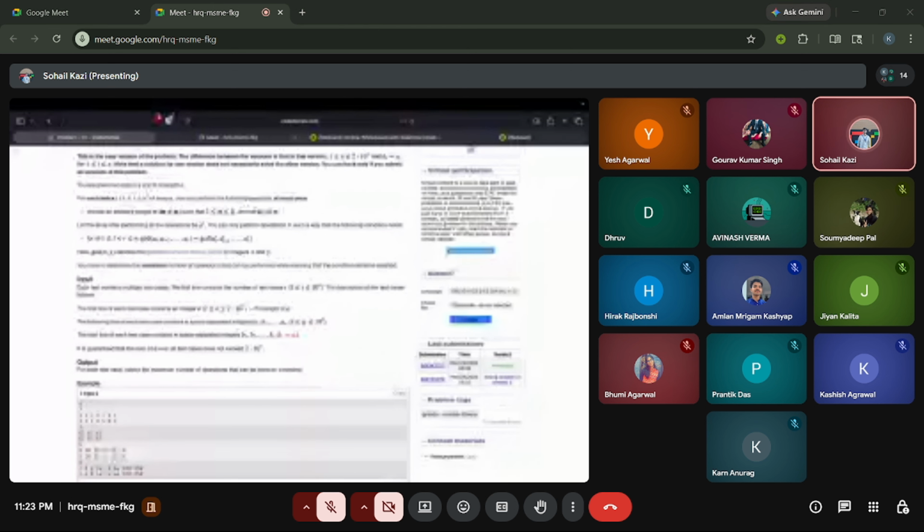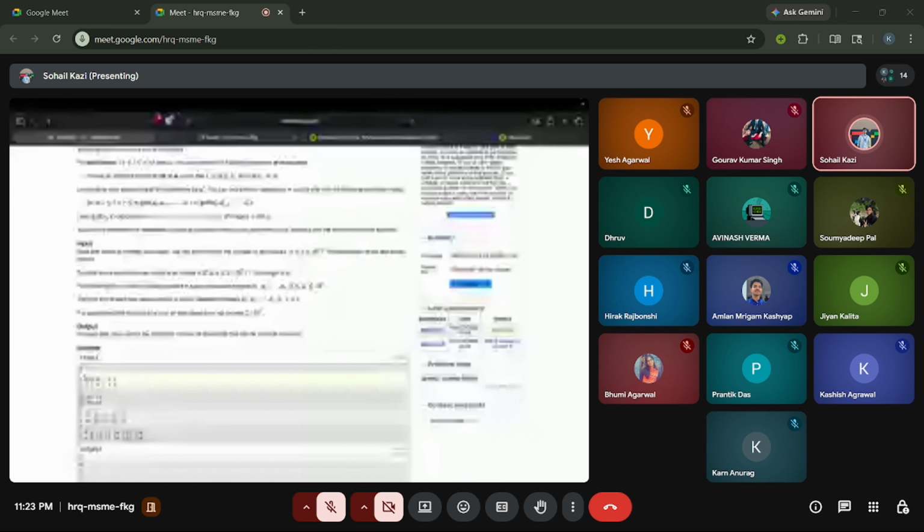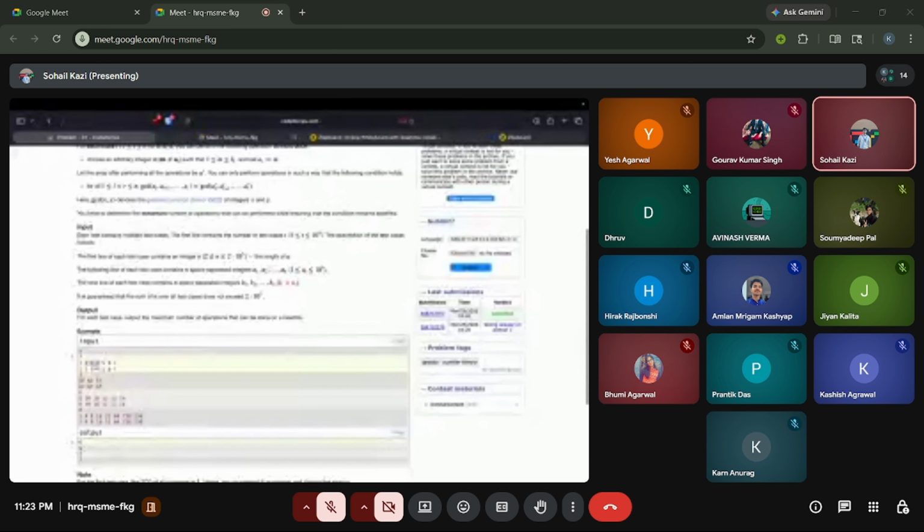So after that, we can perform this operation an arbitrary number of times. But the thing is, we can only perform this operation in such a way that if we take any subarray, suppose we take this subarray or this subarray, the GCD of the original subarray in the original array should be the same after we have made the modifications as well.